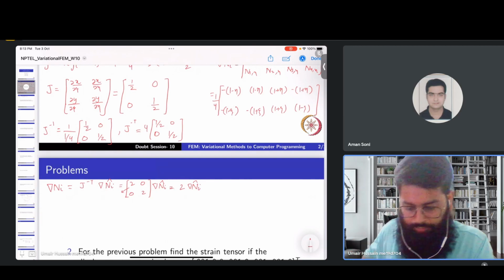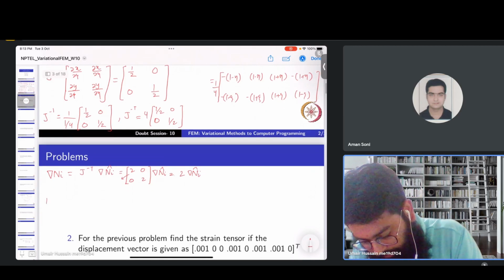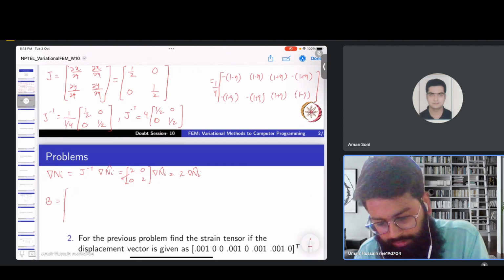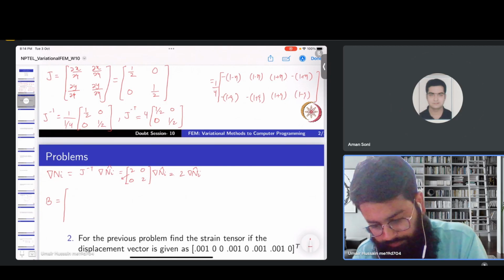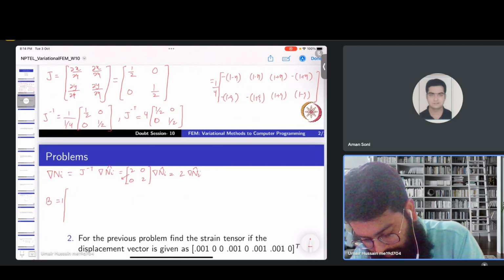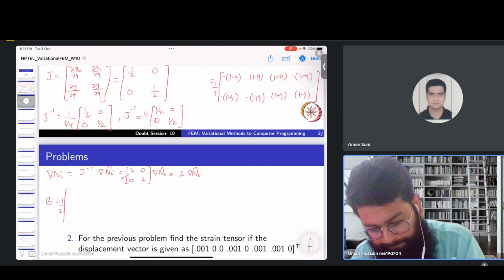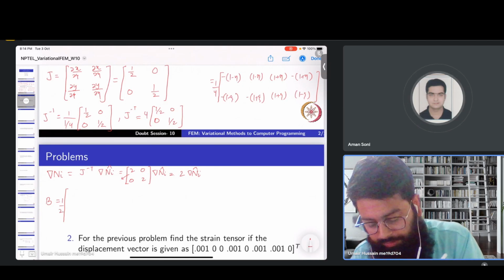Okay, so now if you want to define the B matrix, we start with the first element of the gradient Ni. So we still have half here. We keep the half here. That is 2 times 1 by 4.